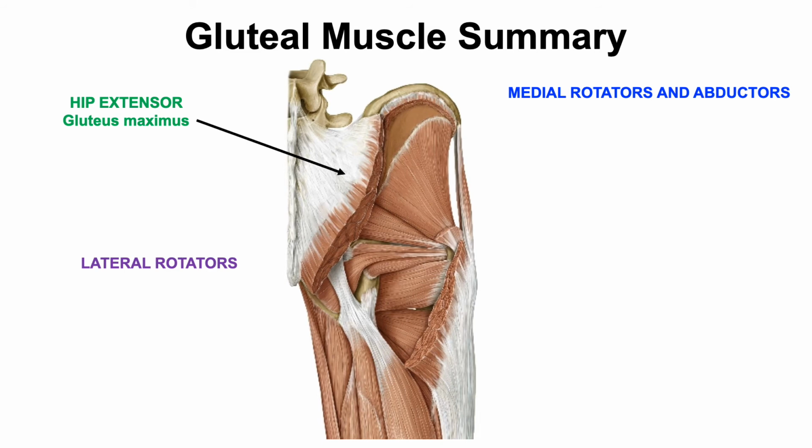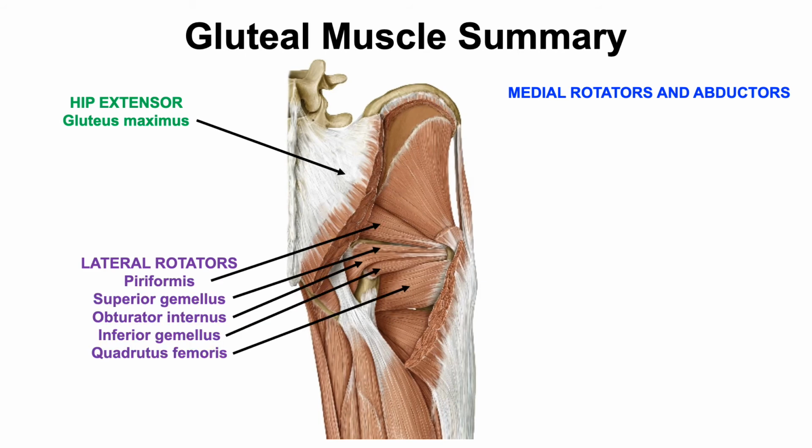So for our hip extensors, biggest one, gluteus maximus. Remember, squats. That's what you're working when you're doing that, is extending your hip on your trunk, going from that sitting to a standing position, gluteus maximus. We then have lateral rotations. So these are all of the piriformis and inferior muscles. So piriformis, superior gemellus, obturator internus, inferior gemellus, and quadratus femoris.